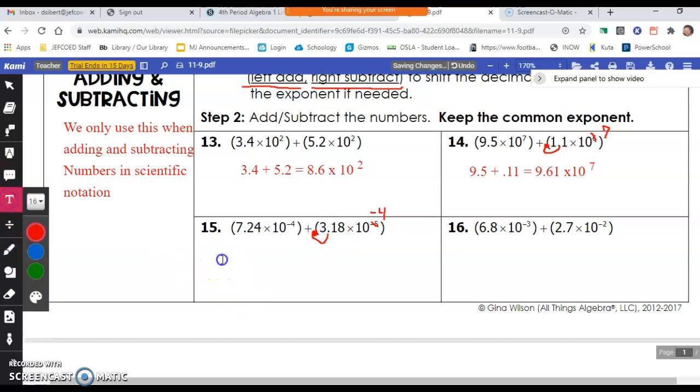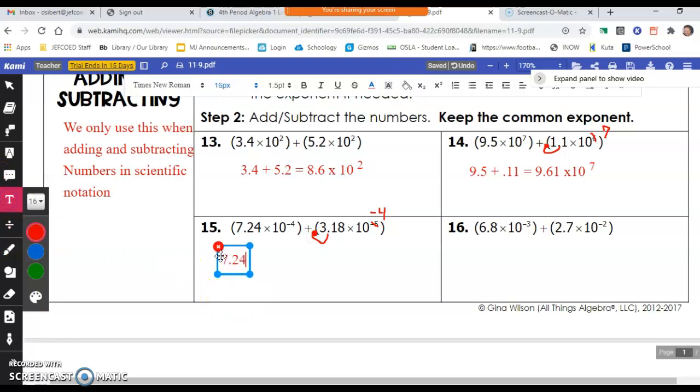So then this ends us with 7.24 plus 0.318 equals, and when you add those together, you should get 7.558 times 10 to the -4.